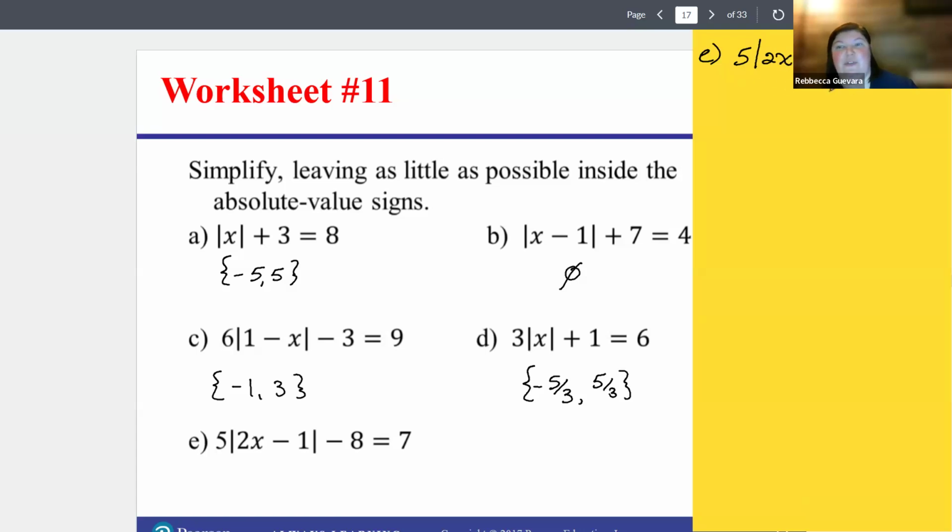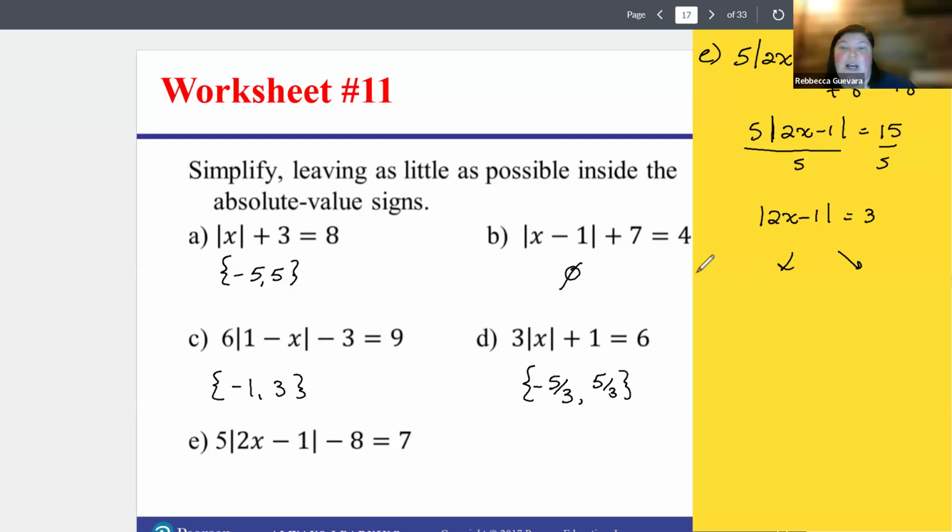To isolate the absolute value, we'll add 8 to both sides. We have 5 absolute value of 2x minus 1 is going to be equal to 15. Divide both sides by 5. We get absolute value of 2x minus 1 is equal to 3.